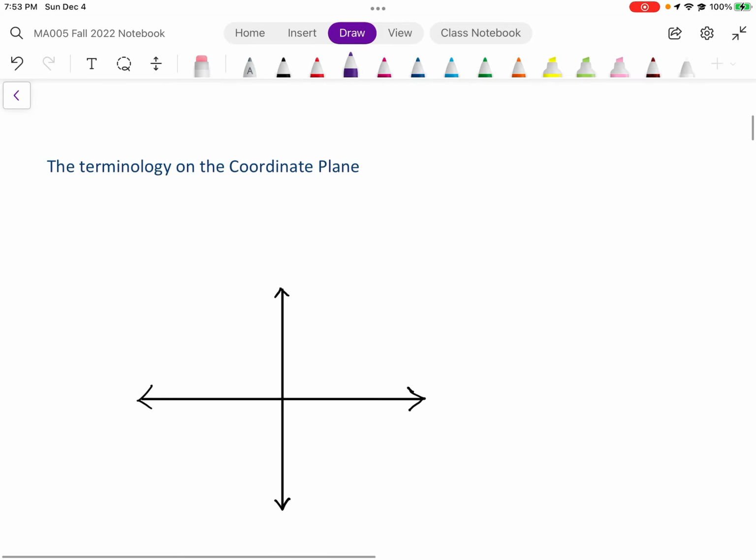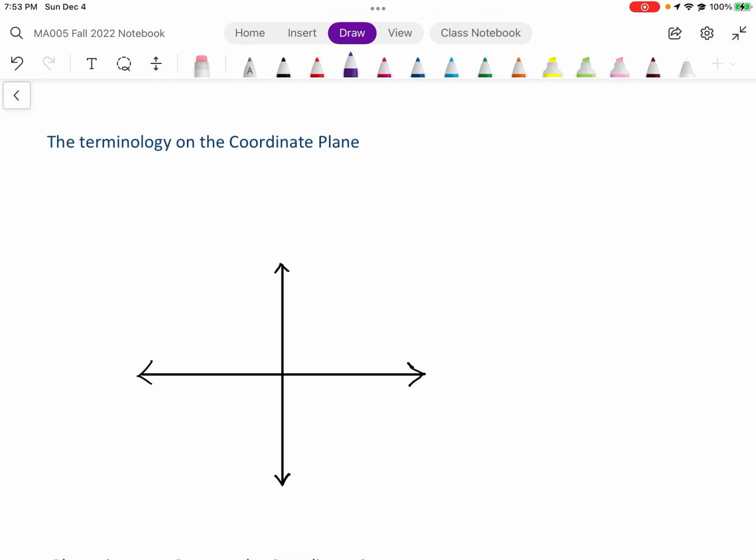So first we have to talk about the coordinate plane. The coordinate plane is basically two lines that go on forever in both directions. One is horizontal, the other is vertical. The horizontal is called the x-axis, and the vertical is called the y-axis. We talk about these 4 different sections as quadrants. This one is called quadrant 1, and we use Roman numerals.